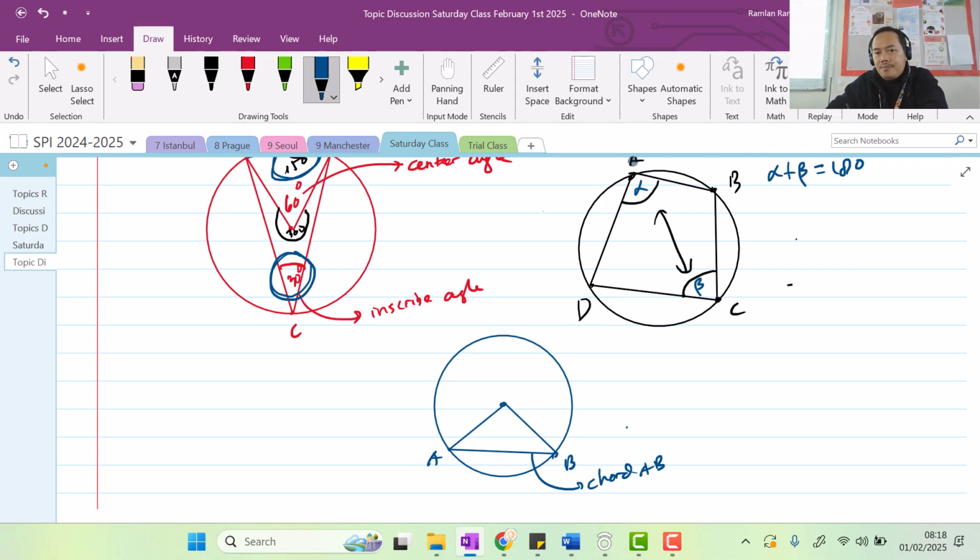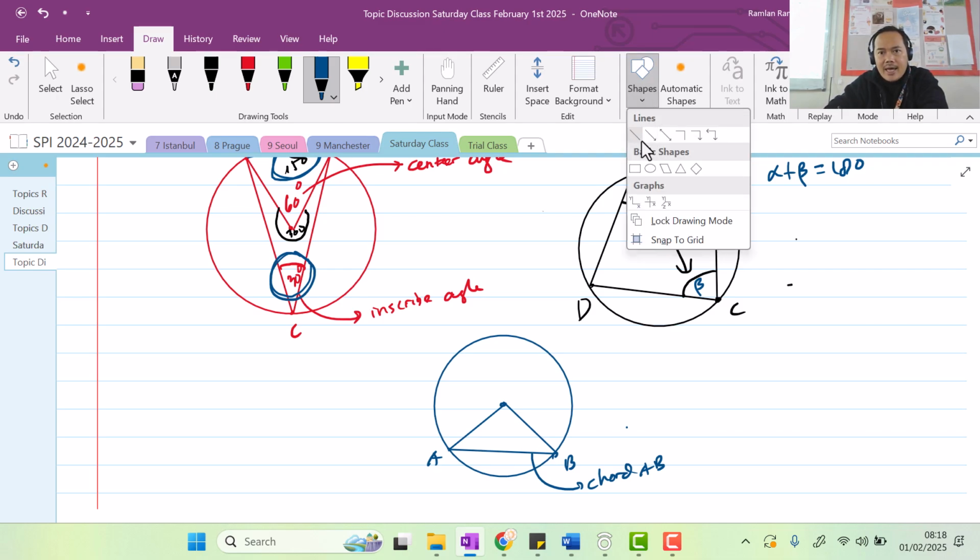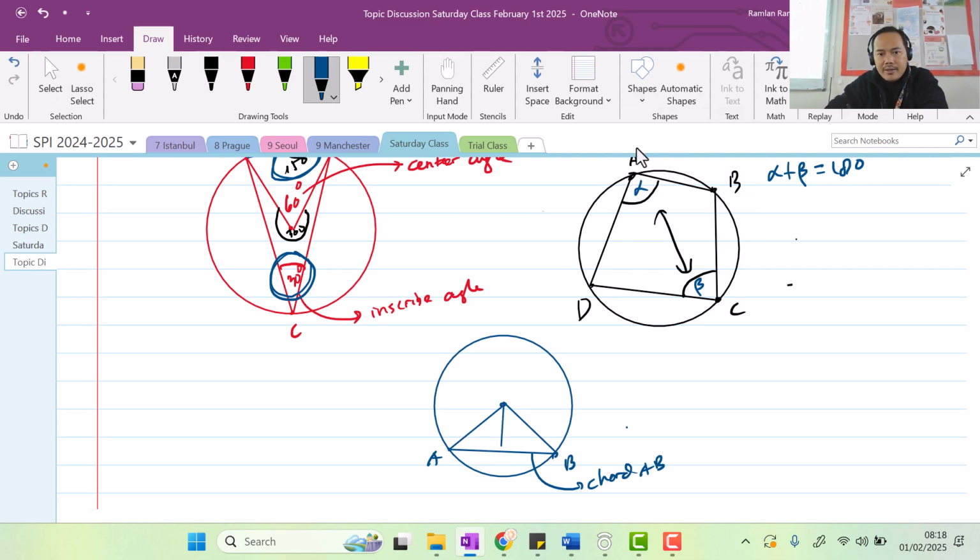So how do we find the length of AB? We can use Pythagoras for this one, right? So now let's say I have another line over here like this. And this line here is perpendicular to AB, right? So let's say I don't have this.